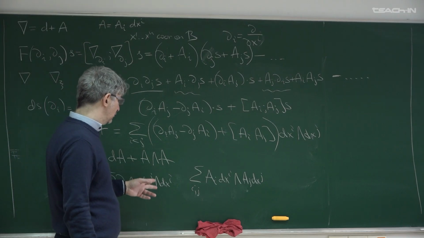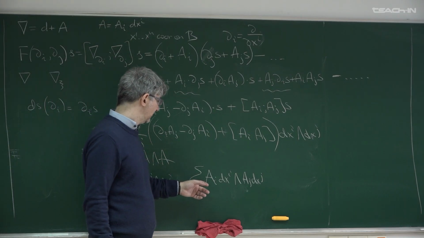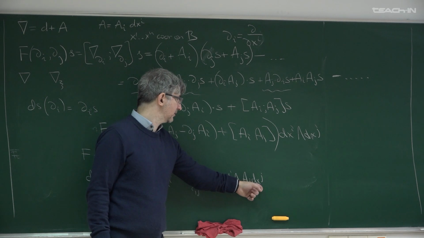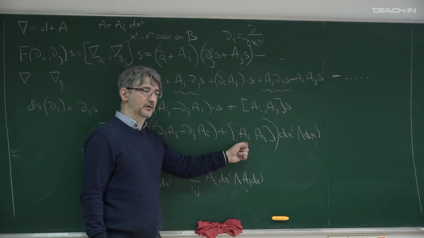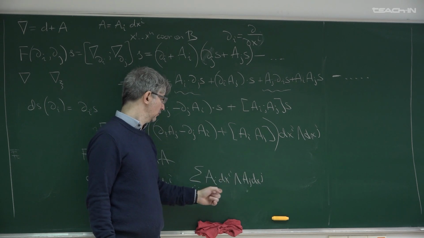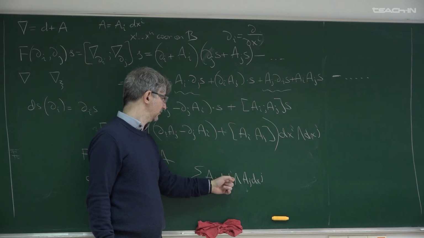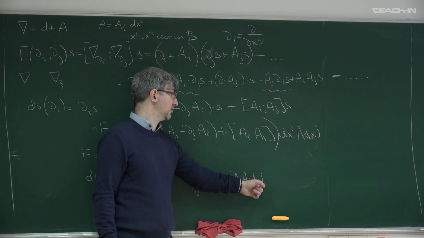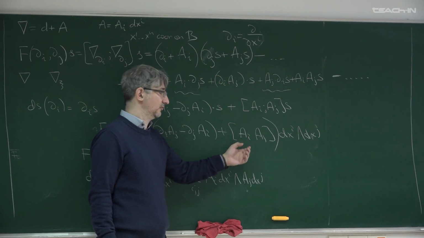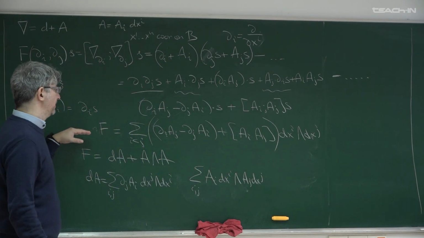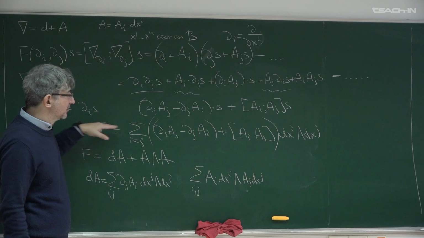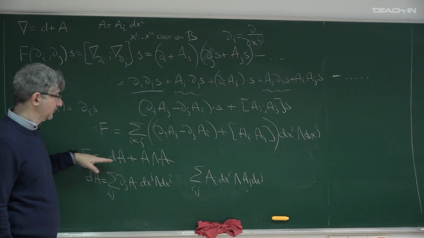If you look for the sum where i is smaller than j, then you will obtain the first part of the commutator. If you look for the summands where this index is greater than j, you will obtain the second part of the commutator. You can think that it's a complicated sum, but it is written in a very simple form.